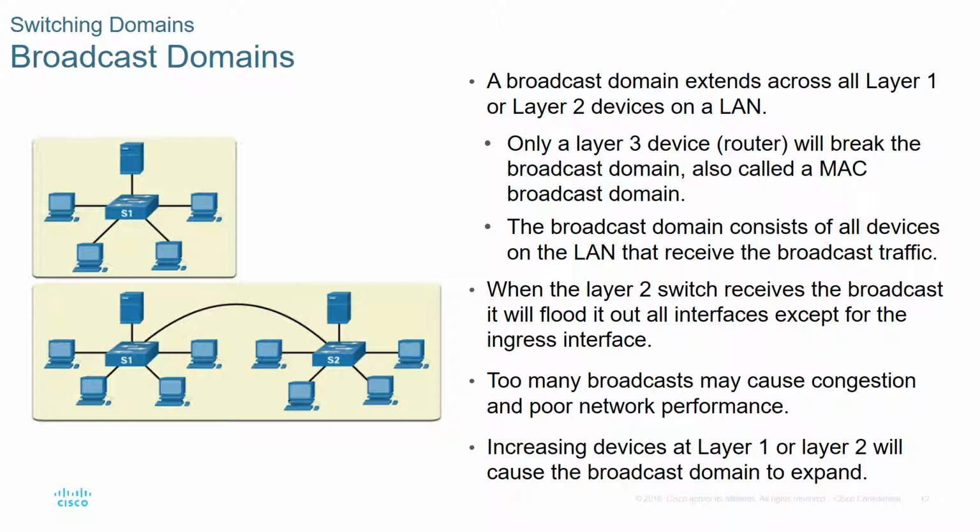When the Layer 2 switch receives the broadcast, it will flood it out of all interfaces except for the ingress interface. Too many broadcasts may cause too much congestion and poor network performance. Increasing devices at Layer 1 or Layer 2 will cause the broadcast domain to expand.